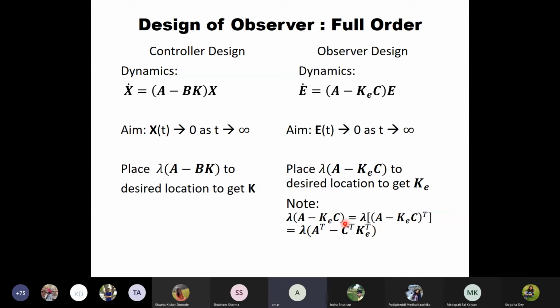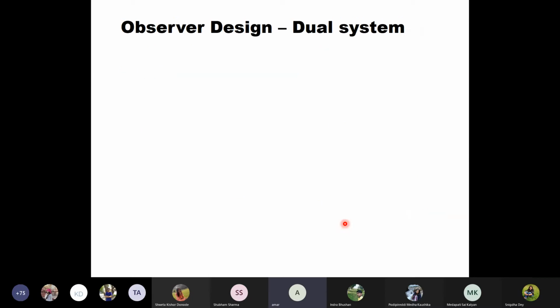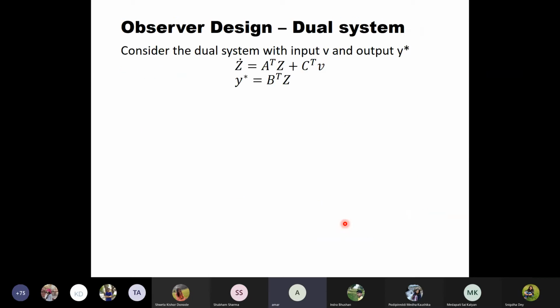I told you in one of the earlier classes about the dual system in a state space model. The concept of dual system is that the primary system is x dot is equal to Ax plus Bu and y is equal to Cx.